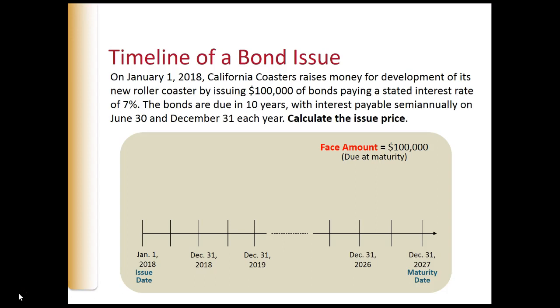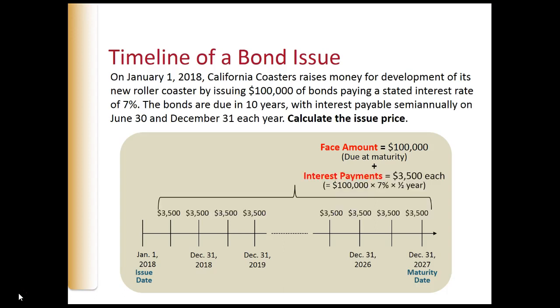So investors in California Coasters bonds will receive the face amount of $100,000 at the end of 10 years and interest payments of $3,500, which are going to equal $100,000 times 7% times 1/2 a year every 6 months for 10 years.